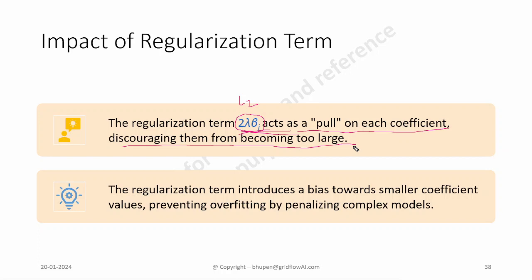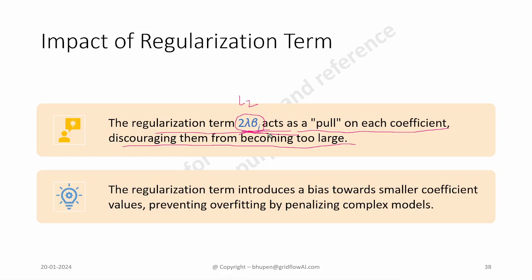Because in case of without regularization, your training process will fit the coefficients to the training data, and since we have an overfitting case, the coefficients will become large anyway.